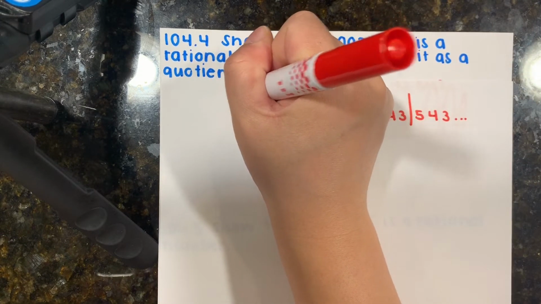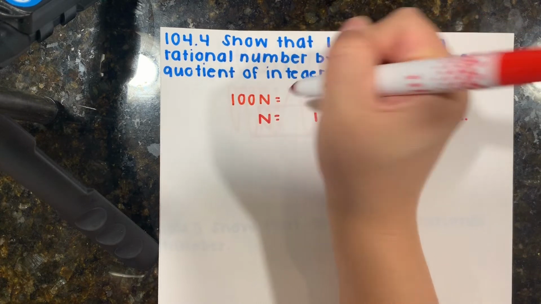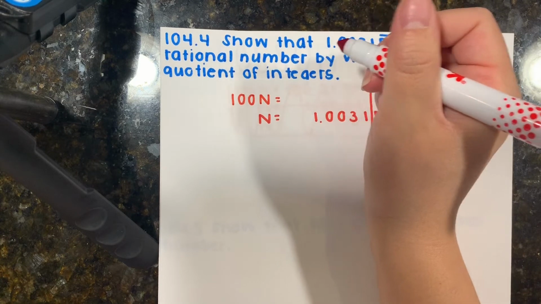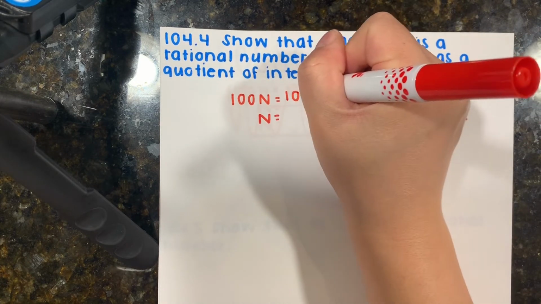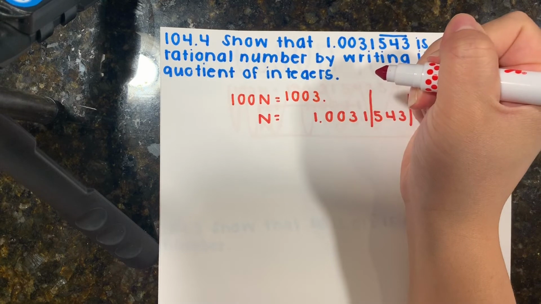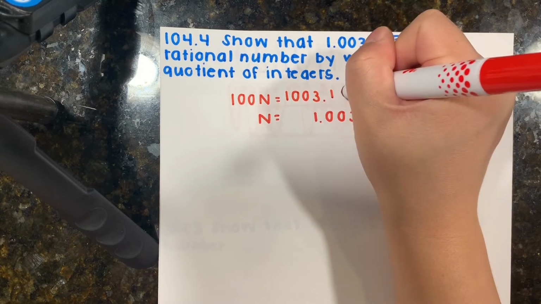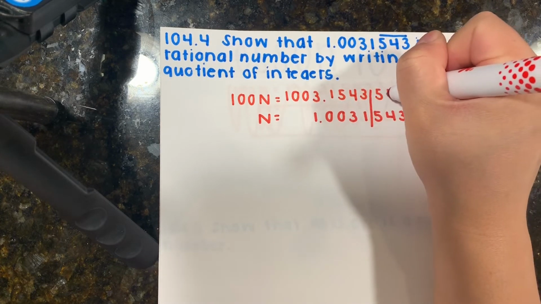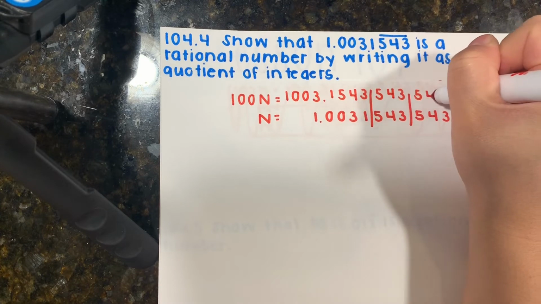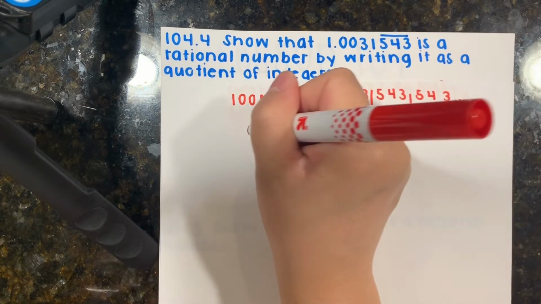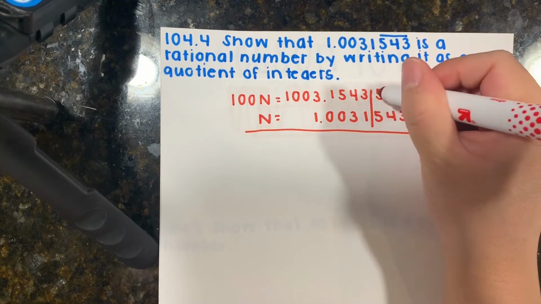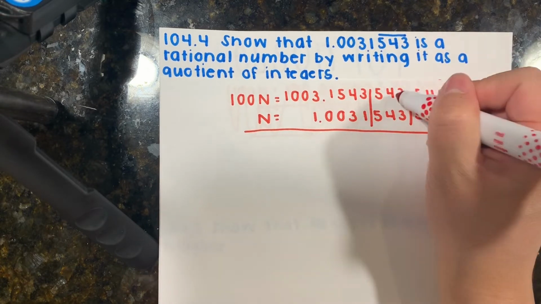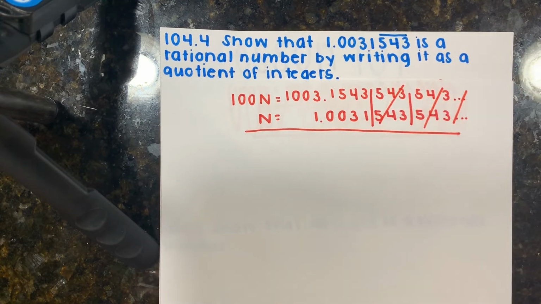So it'll be 1,000n, and if I move this over 1, 2, 3 spaces, that would be 1,003.1543, then 5, 4, 3, 5, 4, 3, and the repeating decimal, and we're trying to subtract these. So what we're trying to do is match it so that the 543s line up. And when I subtract this, the 543s are going to cancel. The repeating decimal is going to cancel.